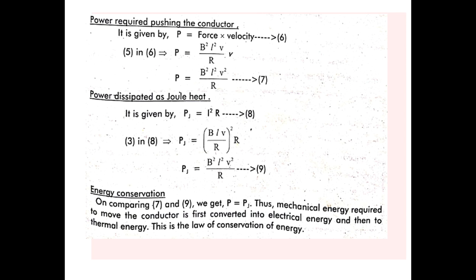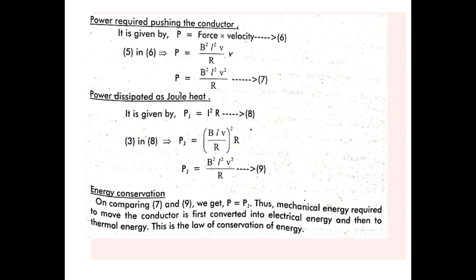So PJ = B²L²V²/R² into R. The numerator has one R, the denominator has R², one R gets cancelled, and another one R remains. So PJ = B²L²V²/R. That is the power dissipation as Joule heat. Suppose that is equation number 9.